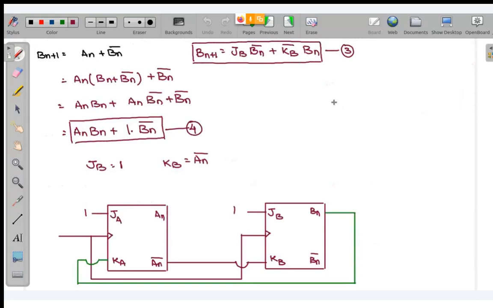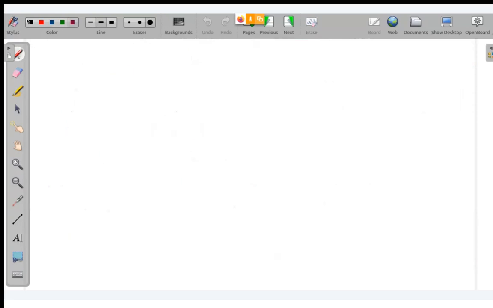So what is the state transition table? In the state transition table, basically we have the relationship between present state and next state.